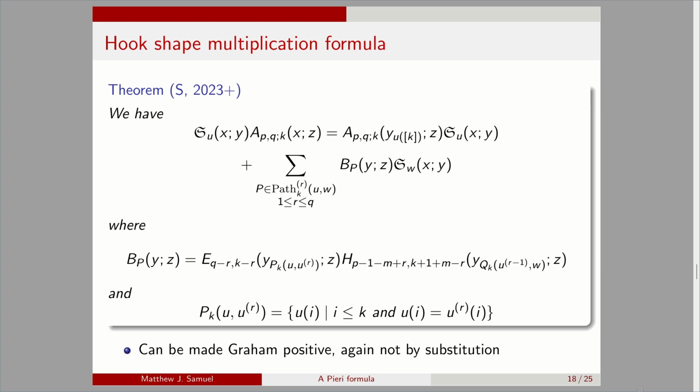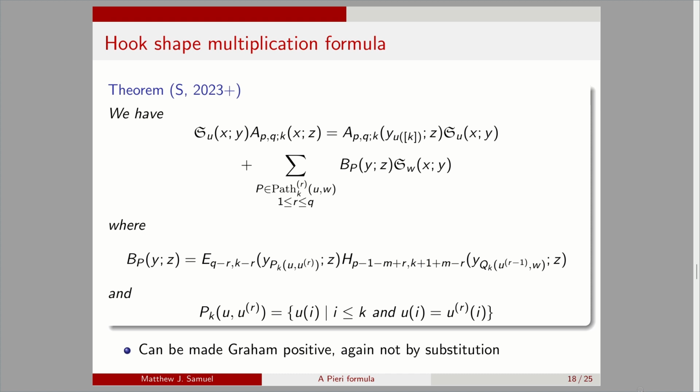This is true for multiplying by any factorial Schur polynomial, or any polynomial really. The term of the bottom polynomial is just a permutation of the polynomial itself. And then we have the sum over p in path set P_{k,r}(u,w), where r is between 1 and q inclusive, and the coefficient we write as b_p of y, z.